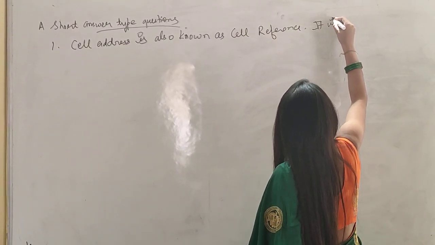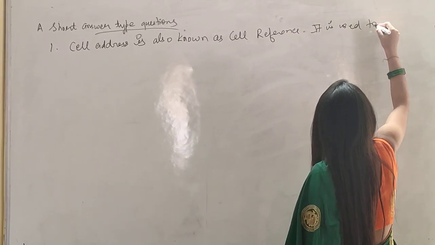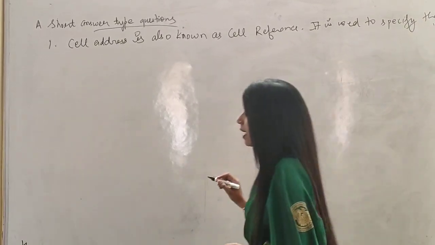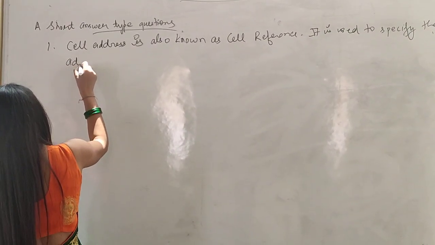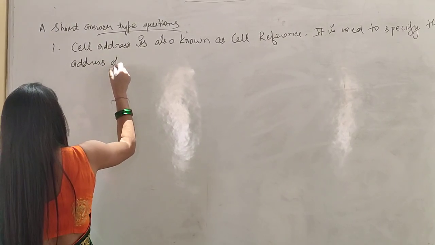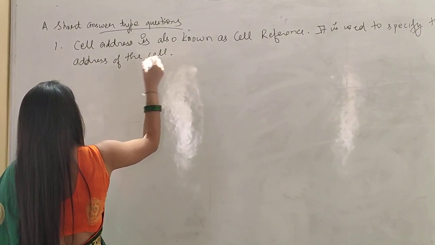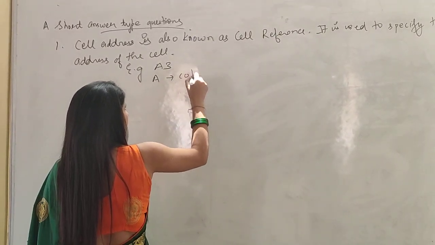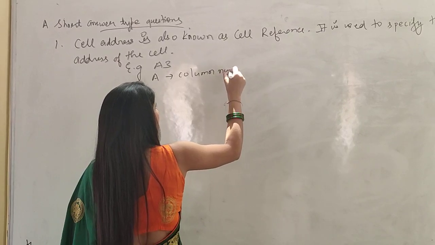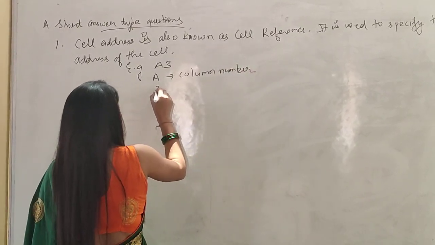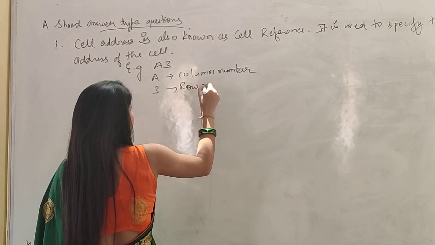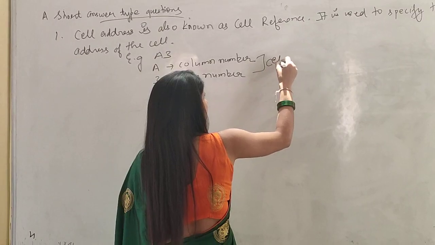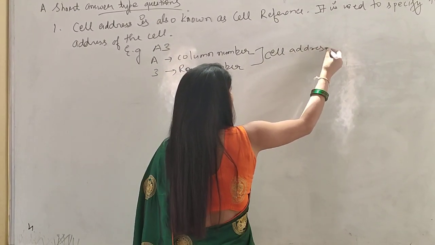It is used to specify the address of the cell. Example, A3: A is the column and 3 is the row number. The combination of these two is known as cell address.